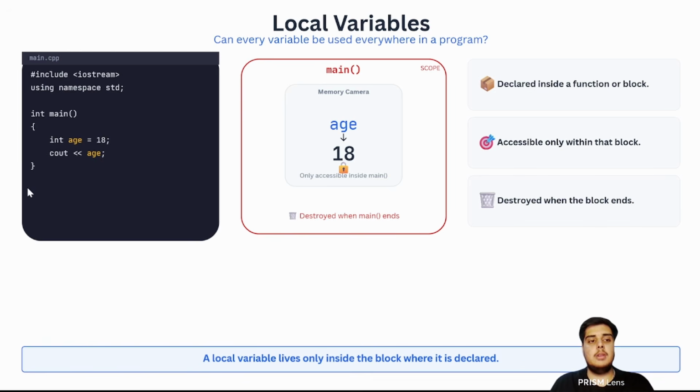If I print it outside int main, output won't come because the age value is there only inside int main. So this is of local scope. It is a local variable. They are accessible only within this block and they are destroyed when the block ends.